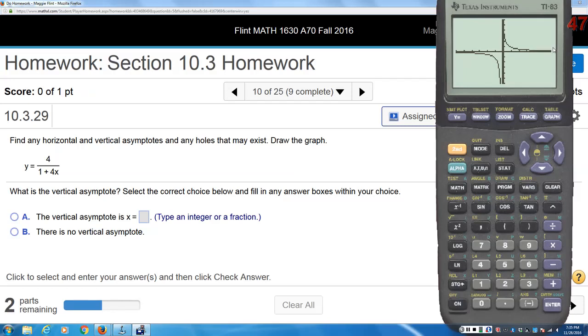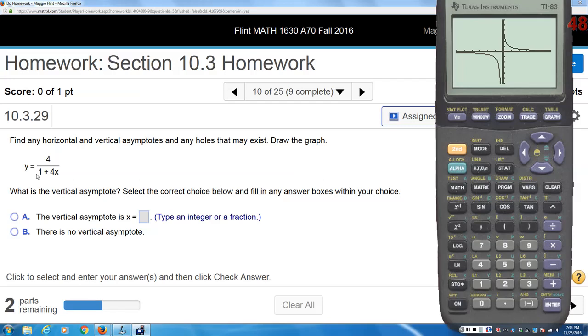If it has a vertical asymptote, it's basically going to be whatever this thing is flattening out against on both sides. What does it look like it's wanting to flatten out against on both sides? The x-axis. What is it sort of flattening out against on this line? That's a little harder to tell.